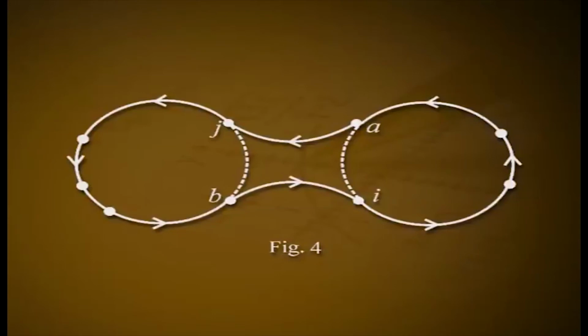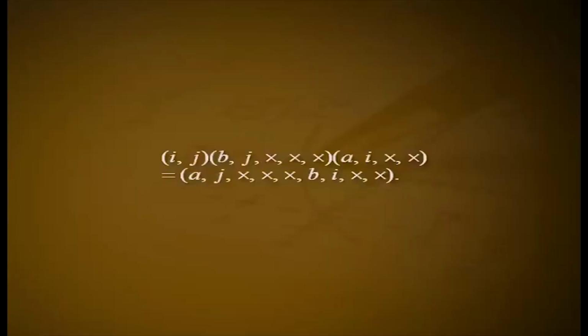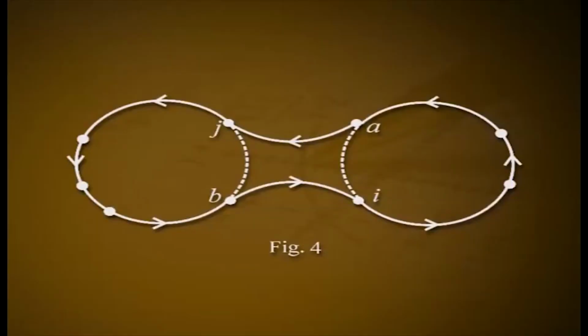We may write the product of these two cycles symbolically as cycle (b j x x x) into cycle (a i x x), where the symbols x denote possible other elements in these orbits. Computing the product of the first three cycles in tau sigma, equal to cycle (i j) sigma, we obtain the following. The original two orbits have been joined to form just one, as symbolized in figure 4.